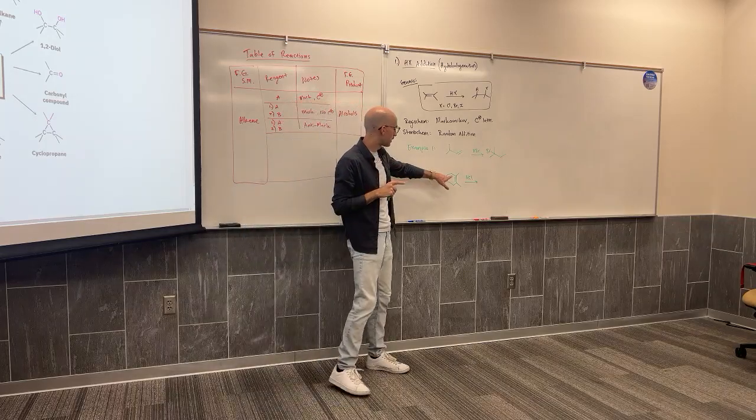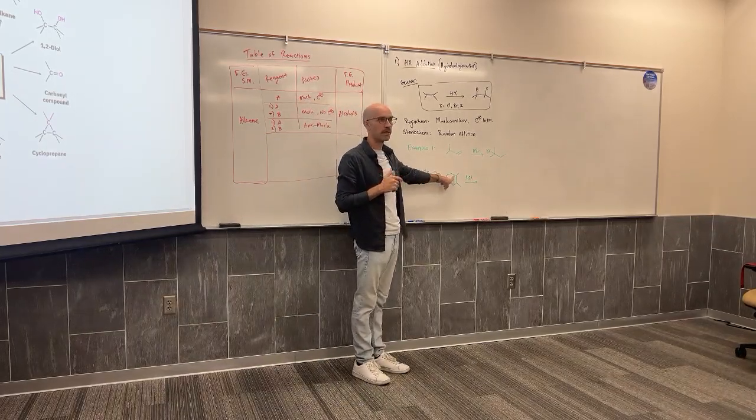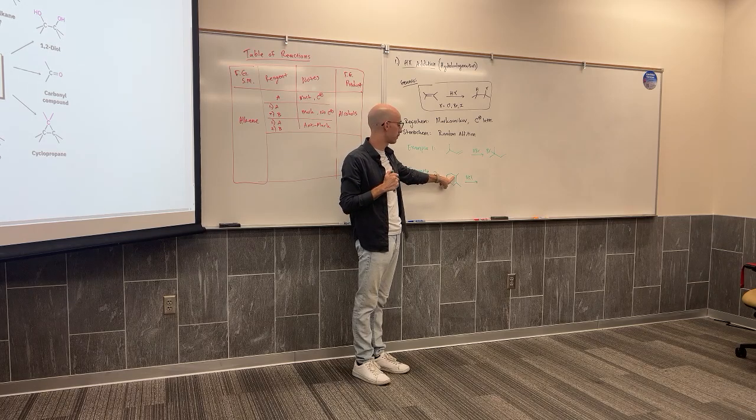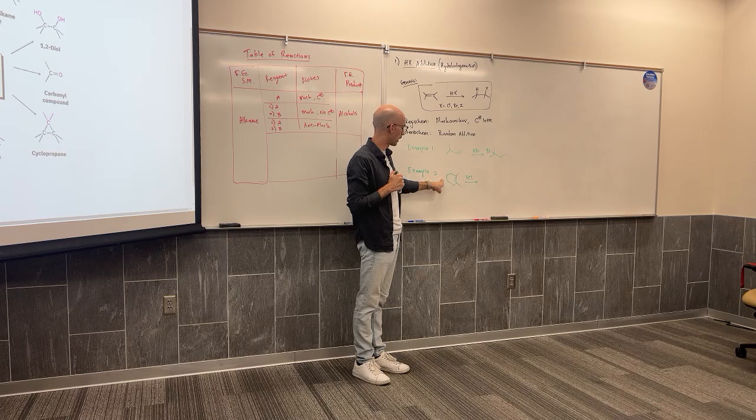When H adds, let's say it adds to the top carbon, does it form a chiral center? It forms a chiral center at that carbon because now that carbon has the ring, the other side of the ring that is different, the methyl and the hydrogen.